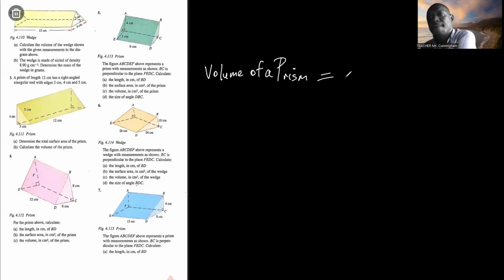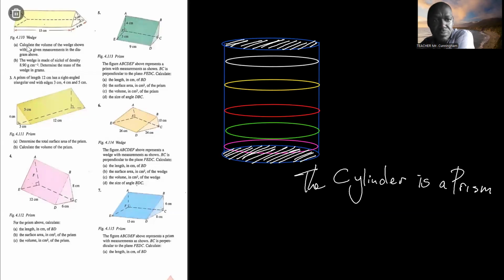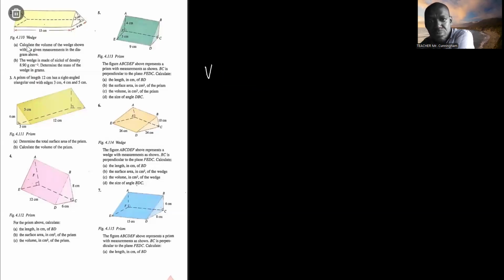Remember, I said that a prism is a solid with the same shape at either end. So before I give the volume of a prism, I said that a prism is a shape.